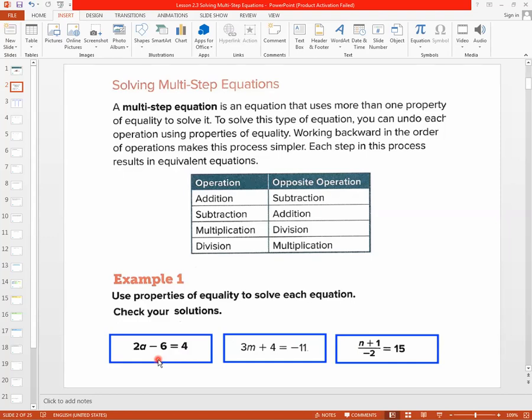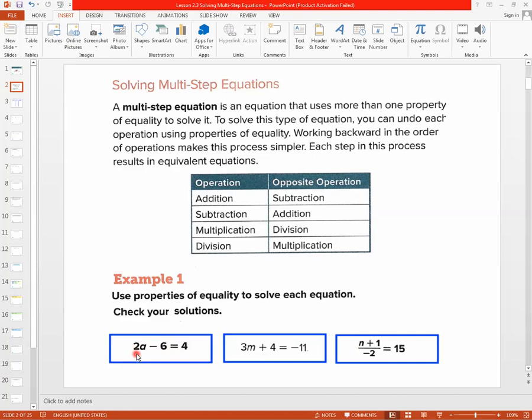Adding 6 to the left-hand side will remove negative 6 and you will gain 2a. Adding 6 to the right-hand side, you will get 10. So it will be 2a equals 10.